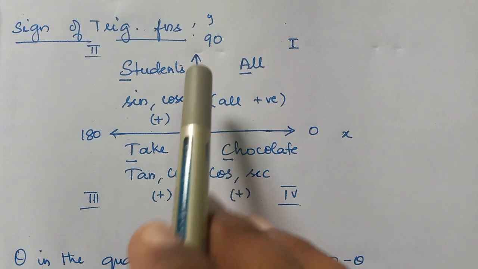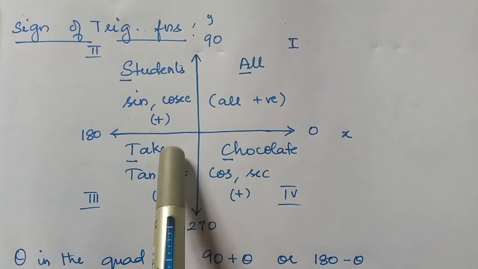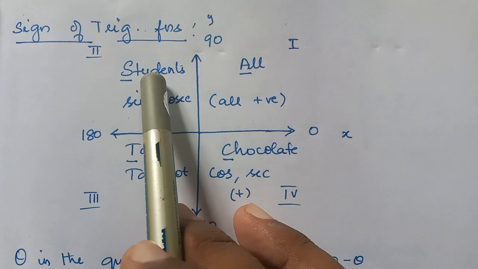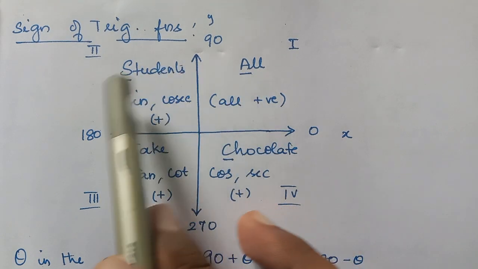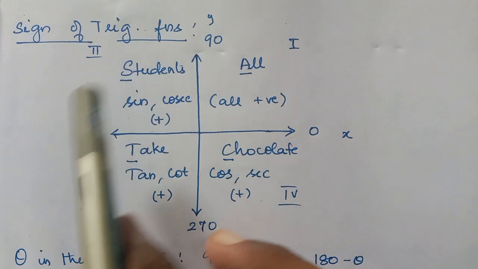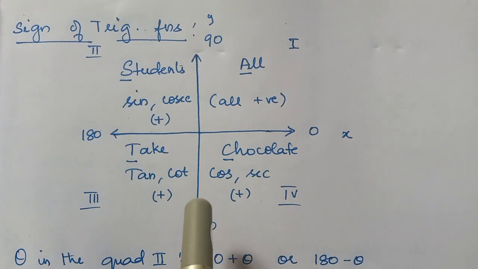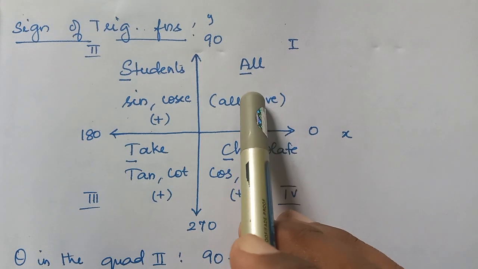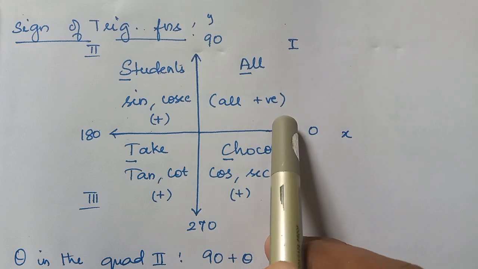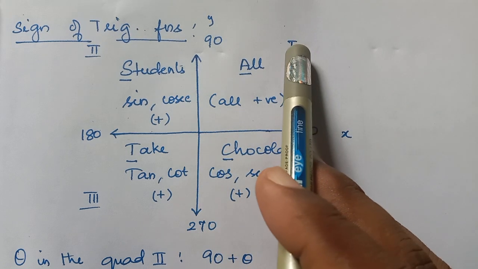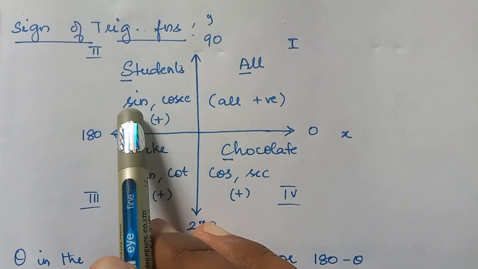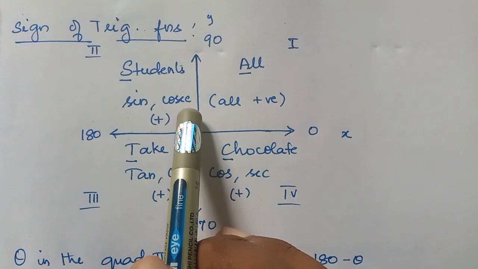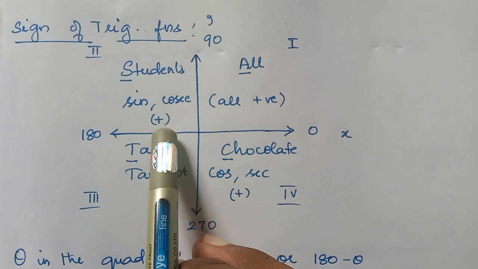So we must know in which quadrant what will take a positive sign and what will take a negative sign. For that I have given a small hint: write like this, all students take chocolates, in the anti-clockwise direction. All means all the 6 functions are positive in the first quadrant. S means sine, and sine's friend is cosecant, so sine and cosecant alone are positive.